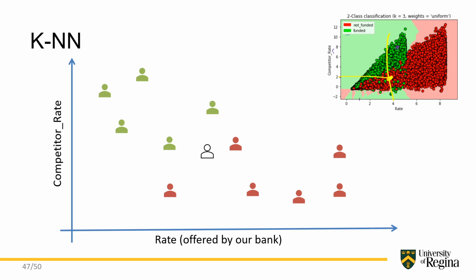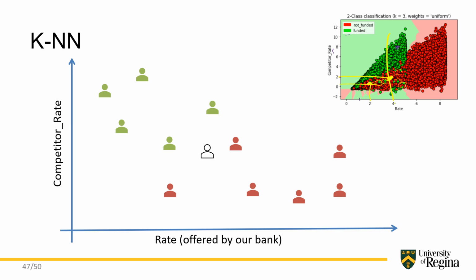So you can see if the competitor rate is lower, that application is probably not funded. There are some outliers you see here that are exceptions, but that's generally the case. So if our rate is lower than 4, but the competitor rate is even lower, then again it's not funded.